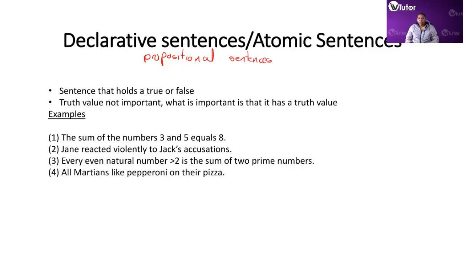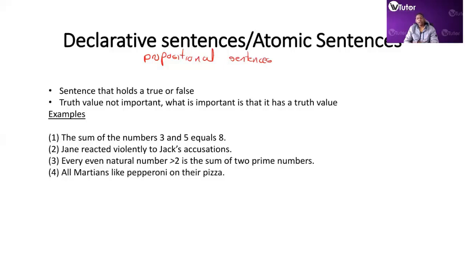So they hold an output as a Boolean. Whether or not it's true right now does not matter, but we need to know that this statement has an output that can either be true or false.